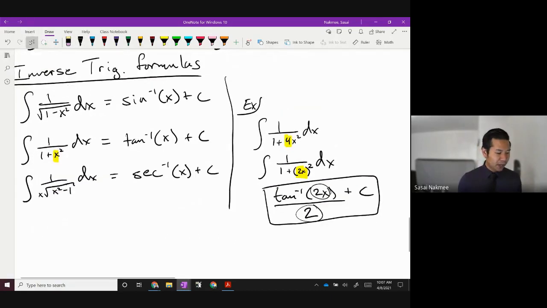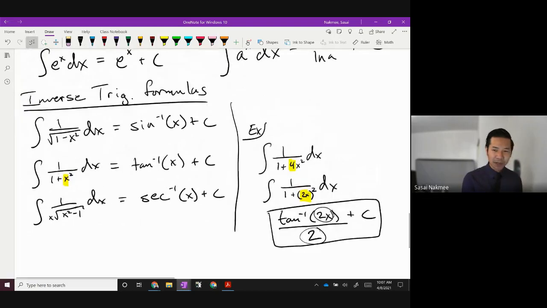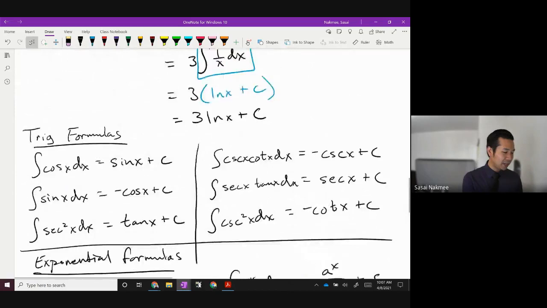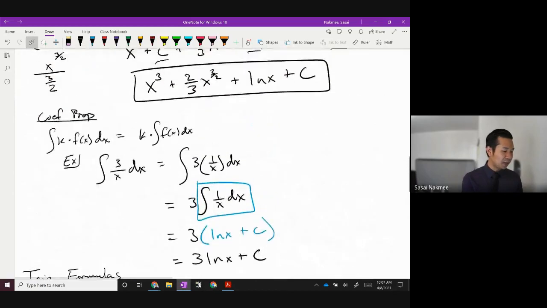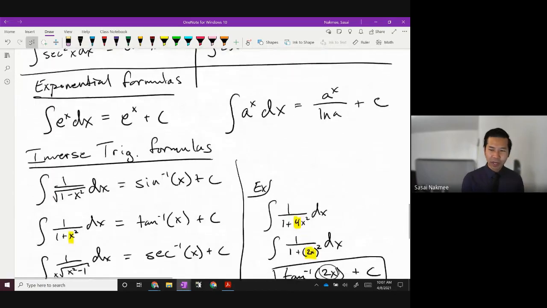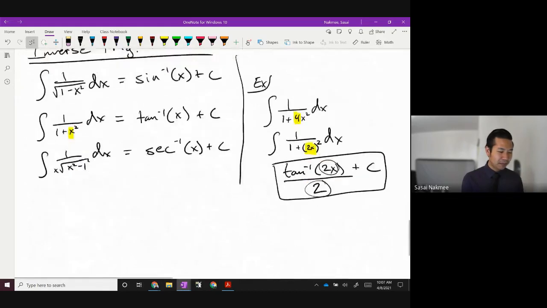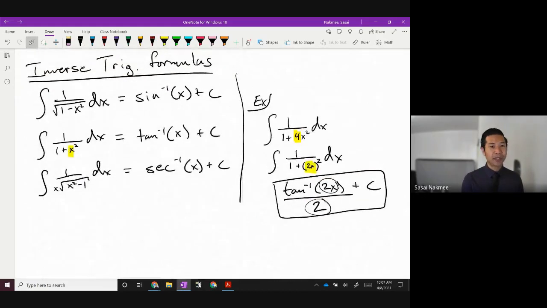Are you guys okay with this so far? I'm going to slow down a little bit. I need to check in with you guys. Have I lost anybody here with these formulas of these integrals? Are you doing okay? This is the time to speak up. Don't just hold back and think, I have no idea what's going on, I'm just not going to say anything.